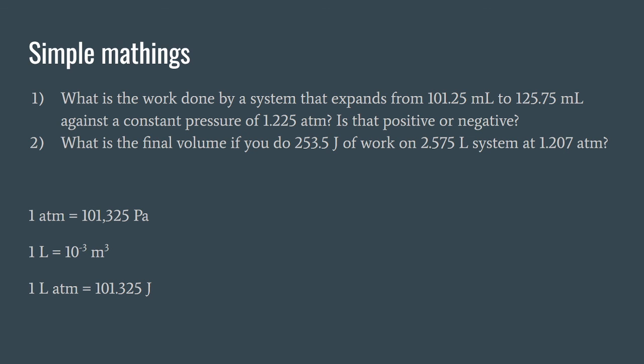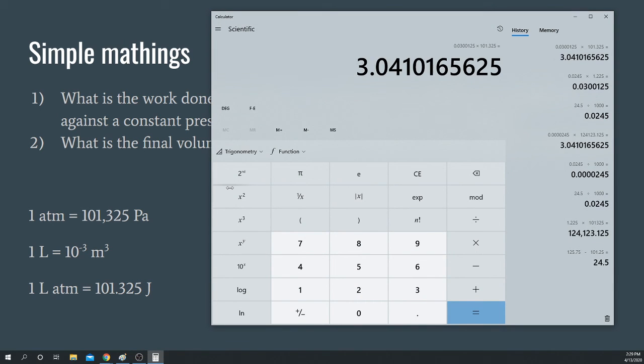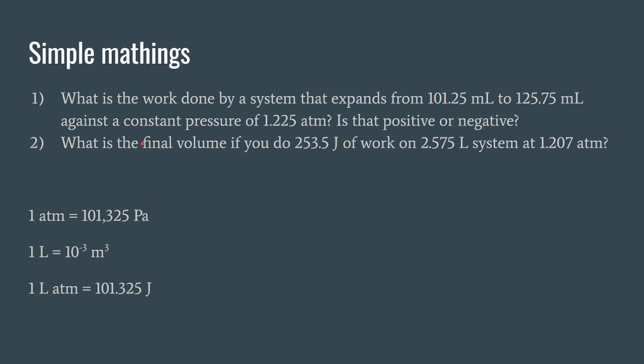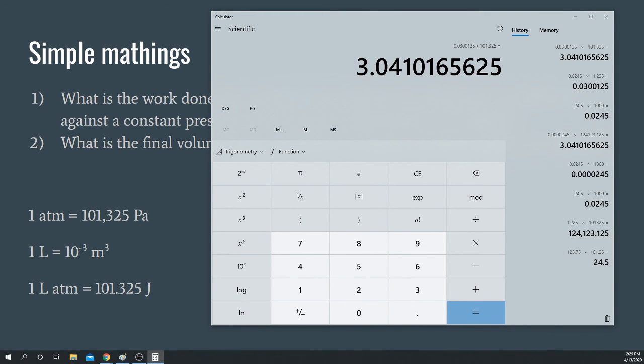3.041 was our number, but we also have to pay attention to the sign, okay? Because the system is doing work, it's expanding, meaning that that number should be negative P delta V. Okay?